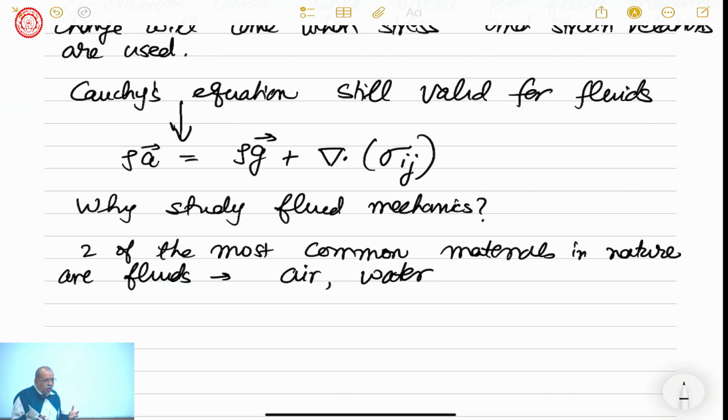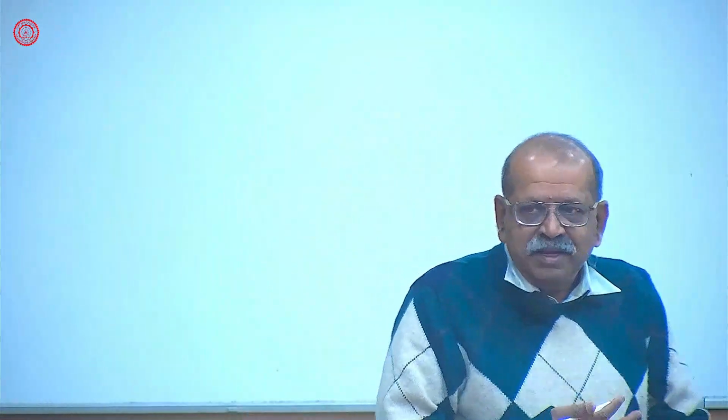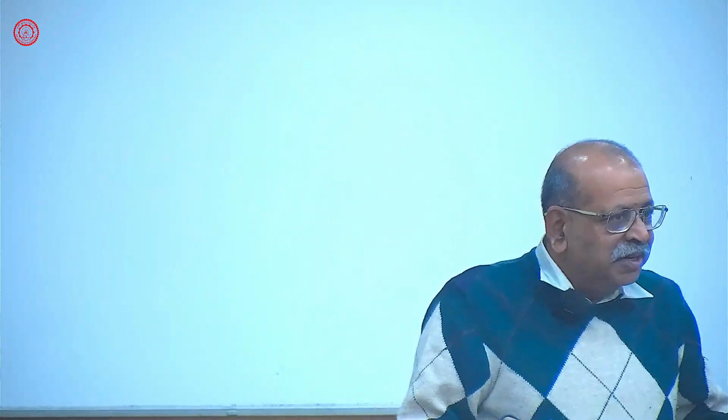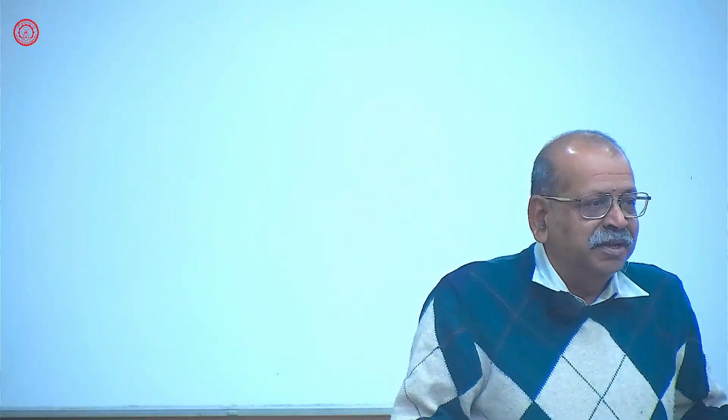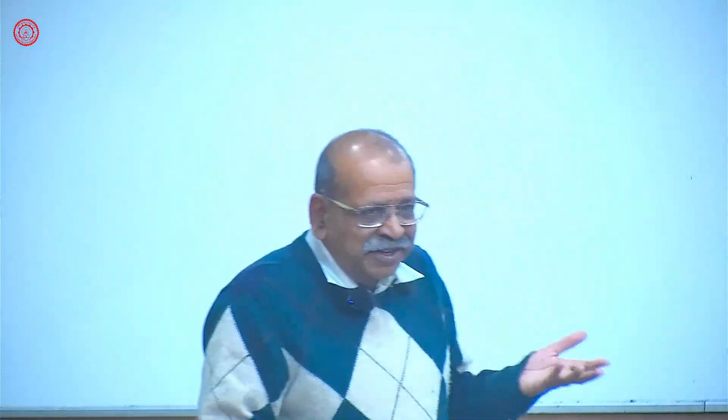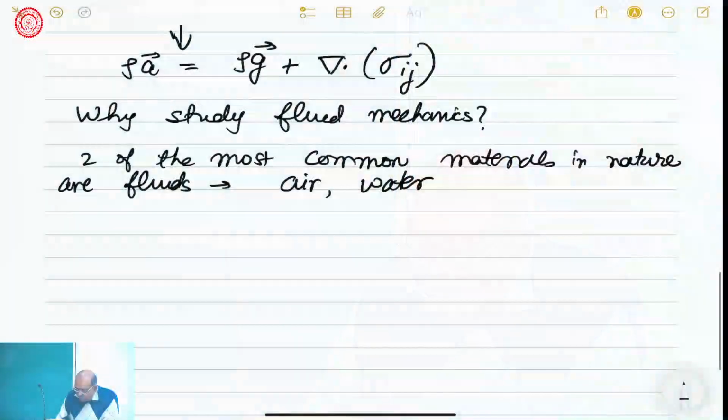Well, the human body consists of too many things, but which is one of the most prevalent constituents in our human body, which is there in each part of the human body? Blood. What is blood? A solid or a fluid? Fluid. So, not only air and water, blood is also fluid.